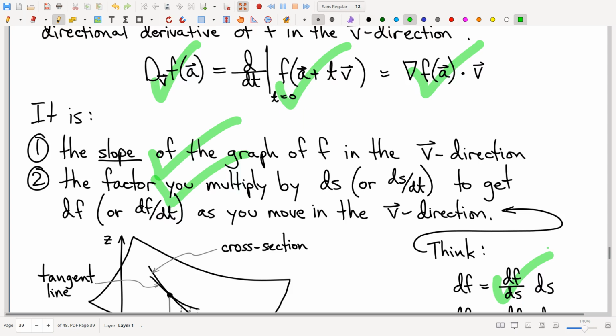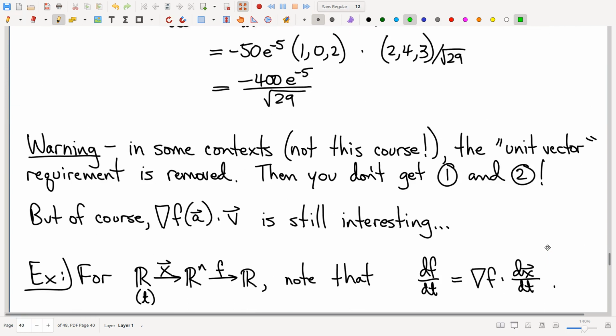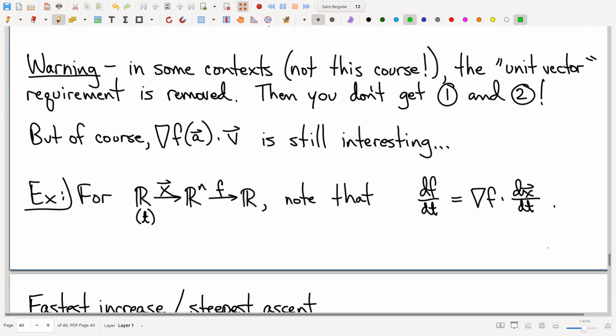The second thing I'm going to point out is what I can't control: you do have to be heads up outside of this course. There are plenty of people walking around who, outside of the context of Math219, would rather not be burdened by having to restrict their attention to unit vectors. Plenty of mathematicians, and I'll be totally honest, I'm one of them. Outside of this course, I would prefer not to deal with this restriction.